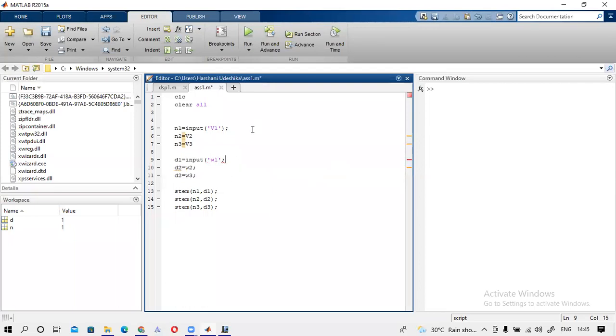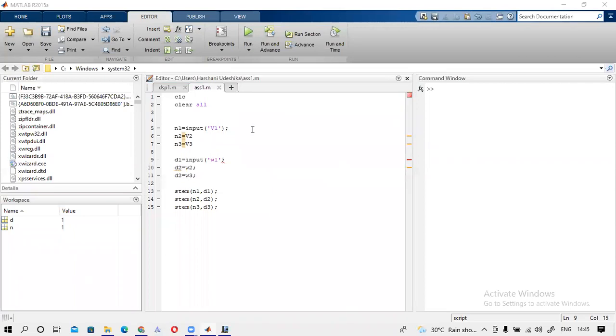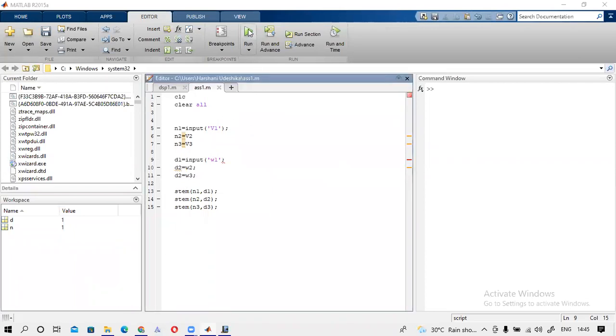If I run this, let's put the values here, because otherwise I can't type all the things. Let's give some appropriate values, 3 and 4, as I can remember.